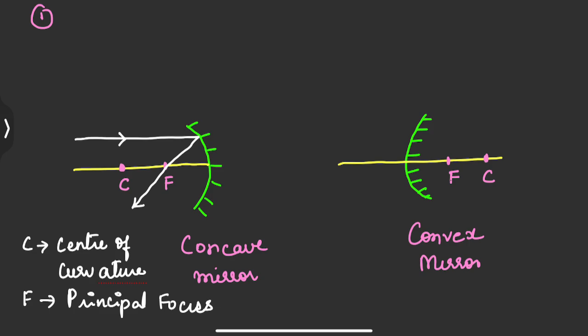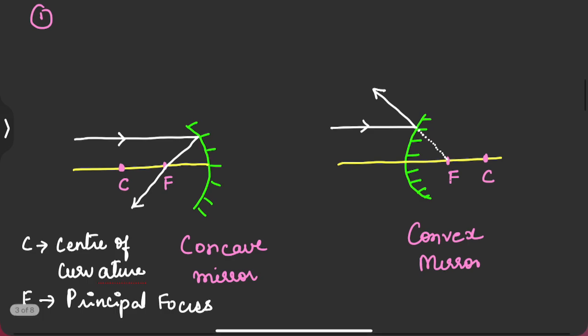Same, let us draw for the convex mirror. For the convex mirror, this is the incident ray. After the incident ray, it will get reflected like this. It is a diverging ray, therefore it will get reflected like this. The reflected ray appears to meet at the focus like this.